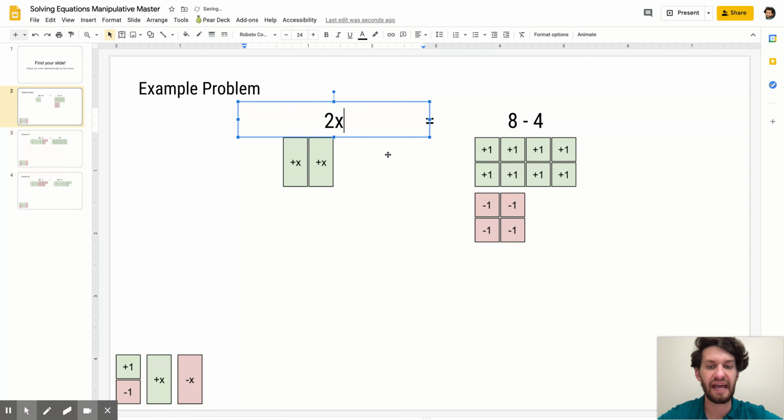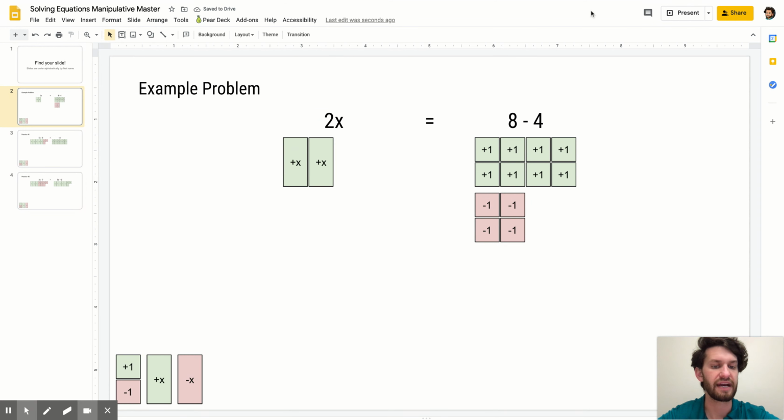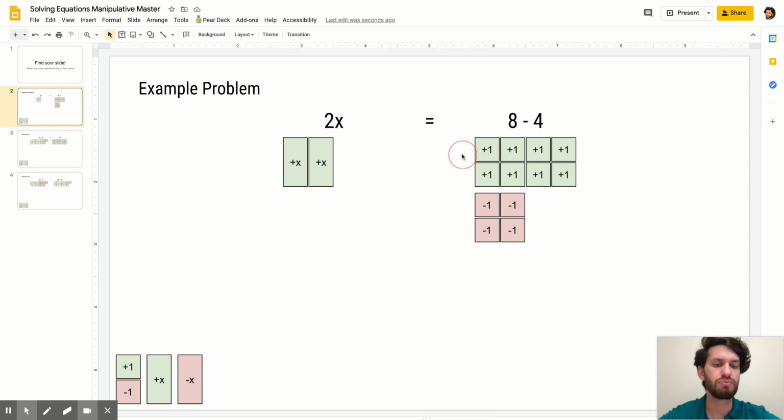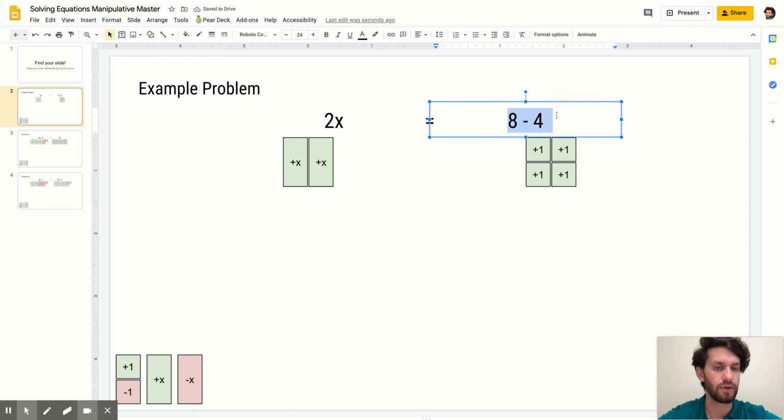So my left side, I have simplified to just 2x. On the right side of my equation, I have 8 minus 4, which you probably already know is 4, but we can look at it by taking our 4 plus 1s right here and removing 4 minus 1s. That just leaves us with 8 minus 4 equals 4, as you can see on our screen.